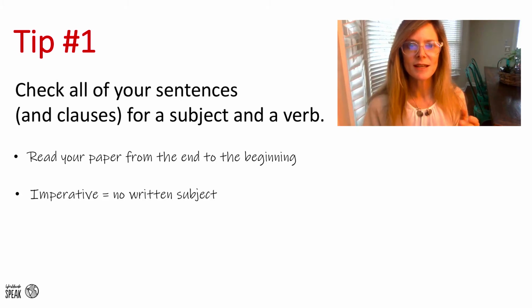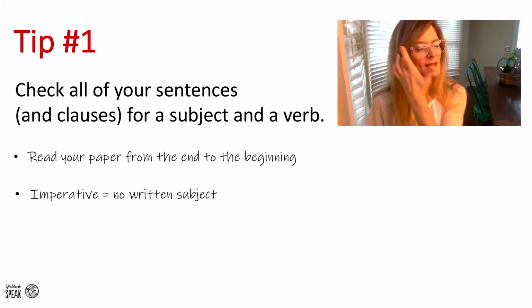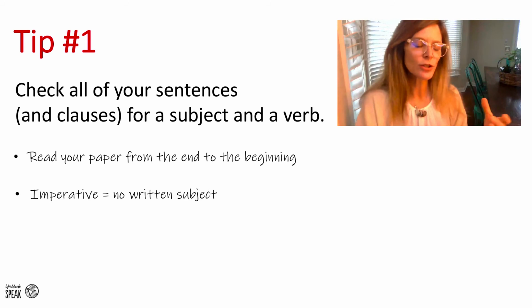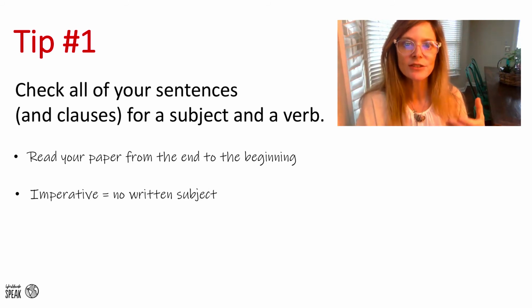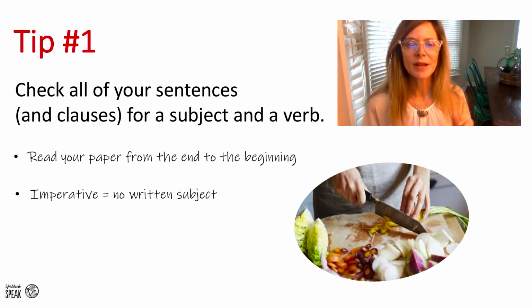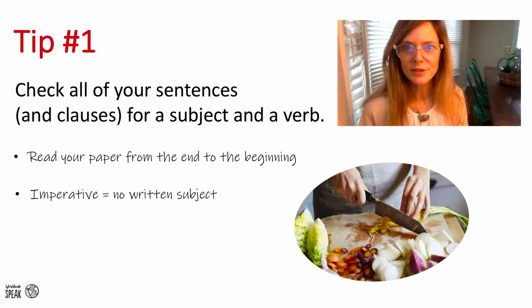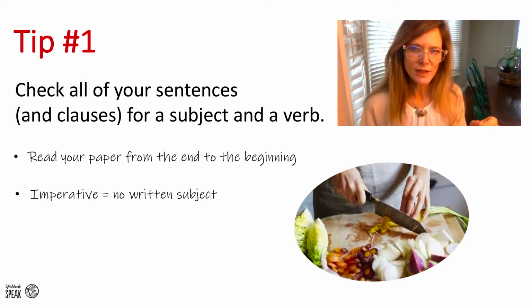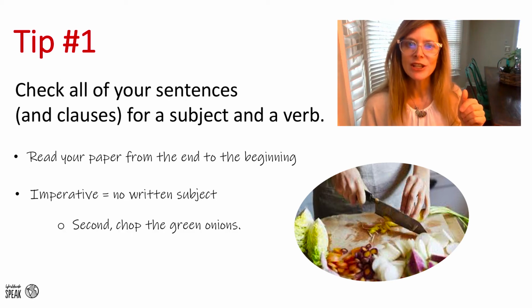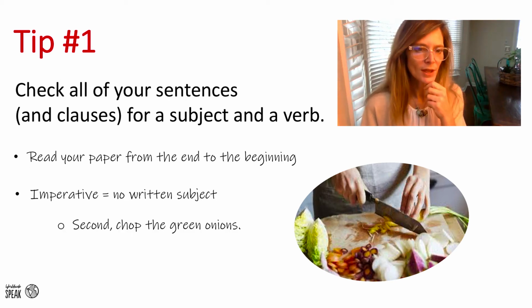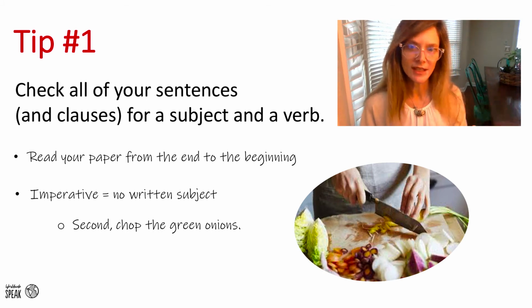Another thing that I remind my students is that let's say you're writing a process paragraph and you're telling somebody how to do something, like maybe it's a recipe, you're using the imperative, and that has no written subject. So you just want to make a note of that. For example, I could have a sentence in my paragraph that says, second, chop the green onions.